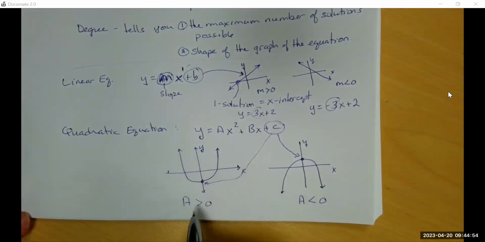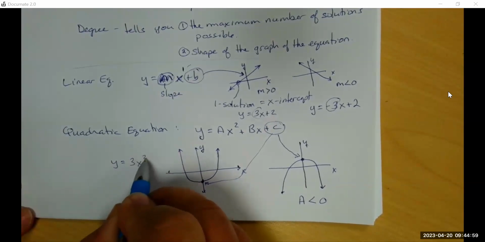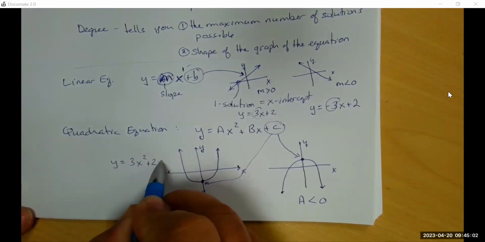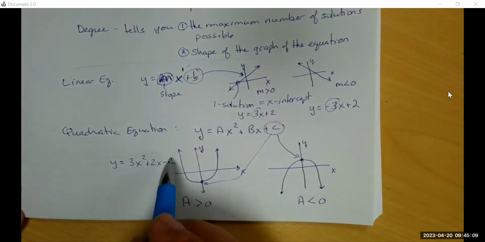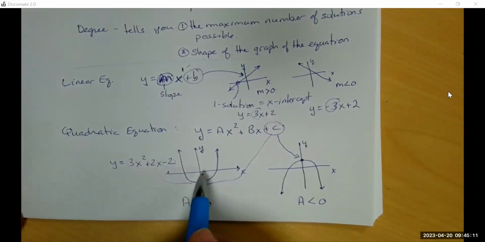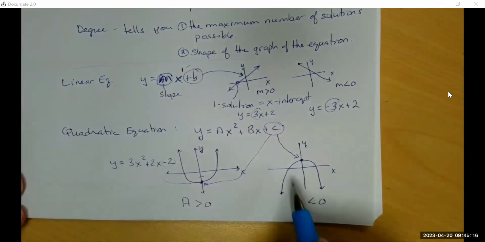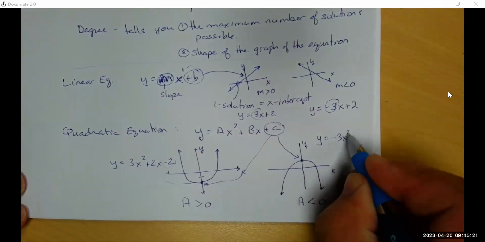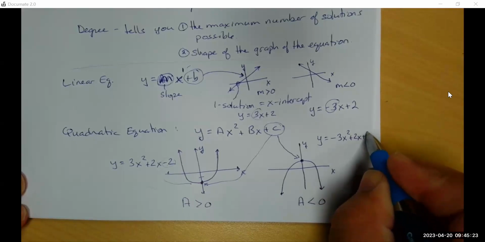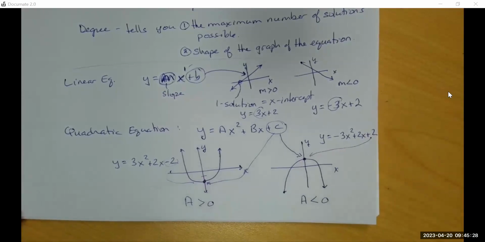So an example of this equation would be y equals 3x squared plus 2x minus 2. Why did I put minus 2? Because it's in the negative part, so it has to be negative. This one could be negative 3x squared plus 2x plus 2, because the positive is where it crosses.